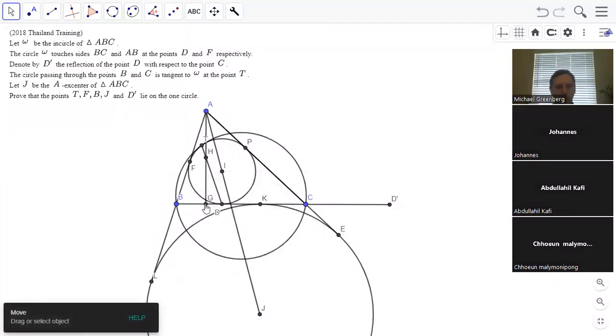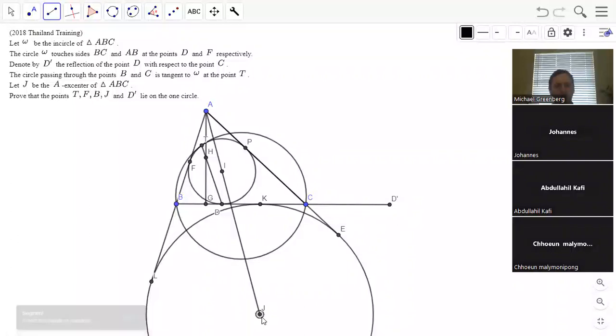Oh, what did you say goes through J? J, D, and H are collinear, so we don't need to draw H. Oh, this construction, that's a good point.